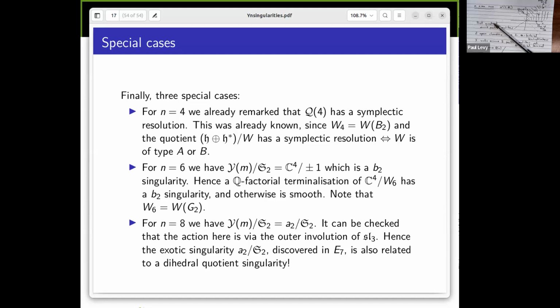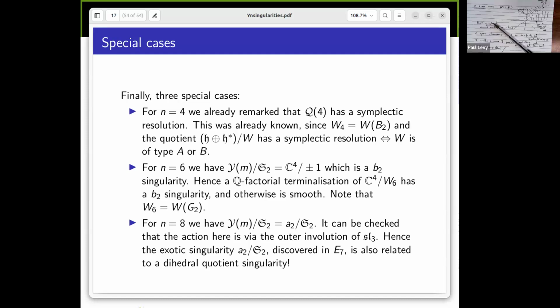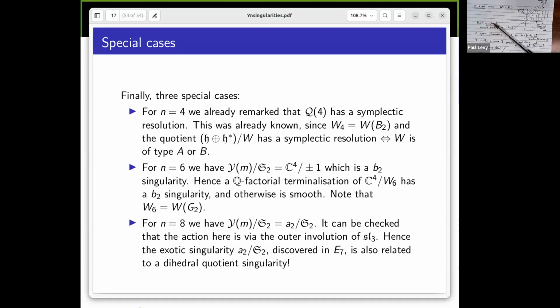I think it is something like the ADE classification. But you don't have a whole SL2 action on Y of m, right? You do, yeah. So for the finite quotients, you want finite subgroups of SL2, but they have to contain this S2, which is generated by minus the identity.